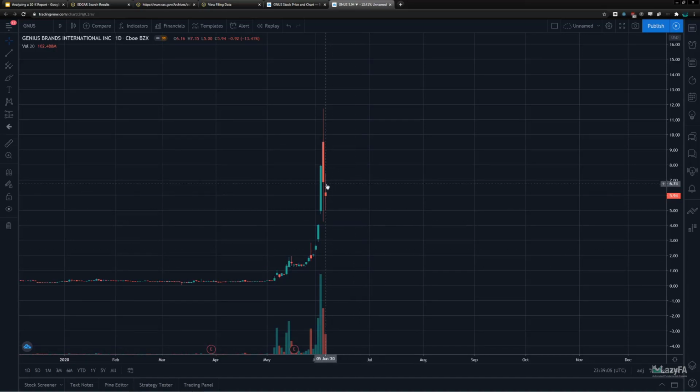So imagine, if you will, that from this point, it's just a bloodbath and Genius Brands goes way back down to 75 cents and sits there from July until August. They will then be out of compliance with the NASDAQ listing requirements until by August 31st, they get their stock back above $1 for at least 10 days. And if they can't do that, then they will be delisted from the exchange and they won't be able to have their stock trade on the NASDAQ anymore.